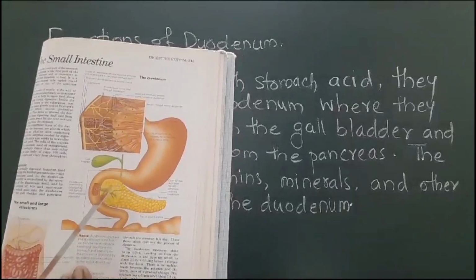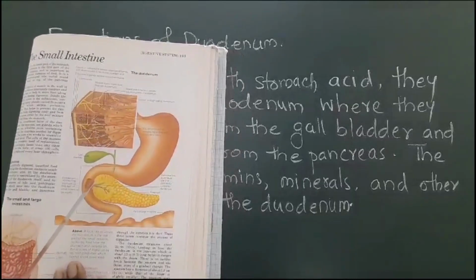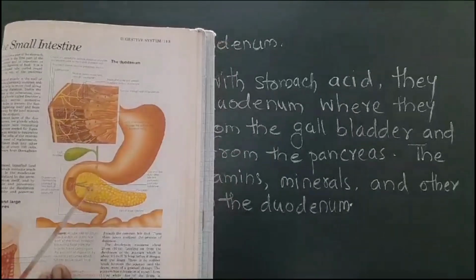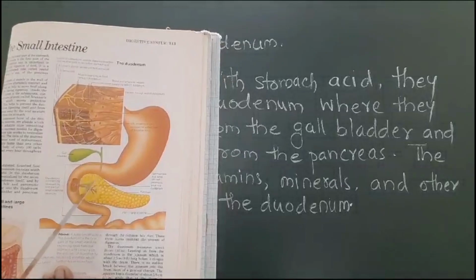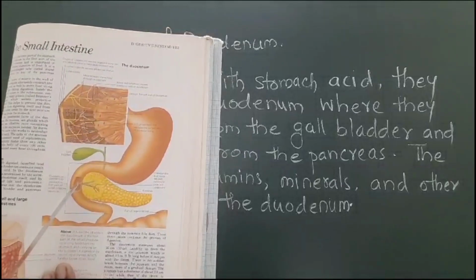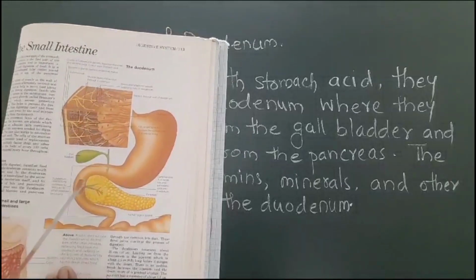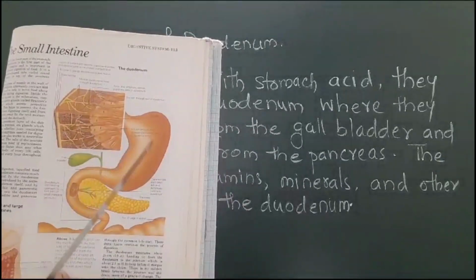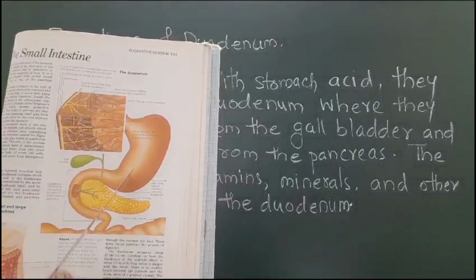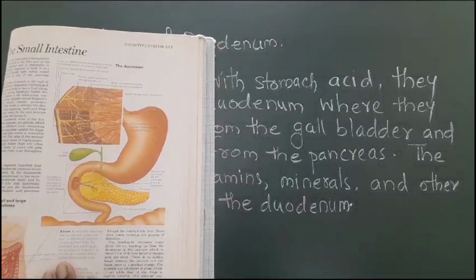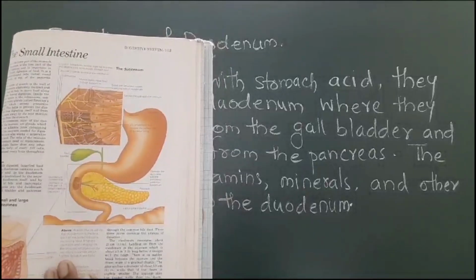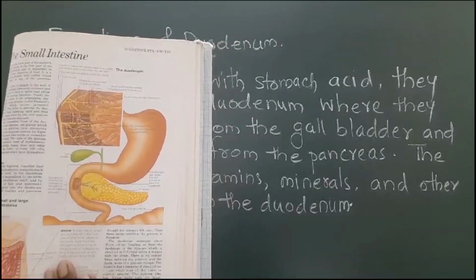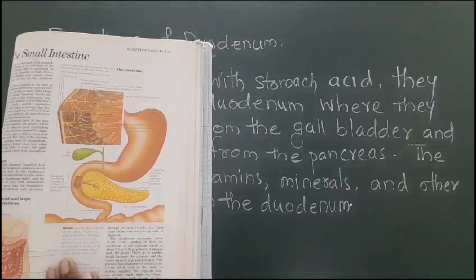From the gallbladder the bile comes here to the duodenum, and from the pancreas the pancreatic juice comes to the duodenum. See, both the ducts open into the duodenum. Then here it mixes with the food which is coming. Some amount of digestion has taken place in the stomach, and then it comes to the small intestine, and in the duodenum it mixes with this bile and the pancreatic juice.